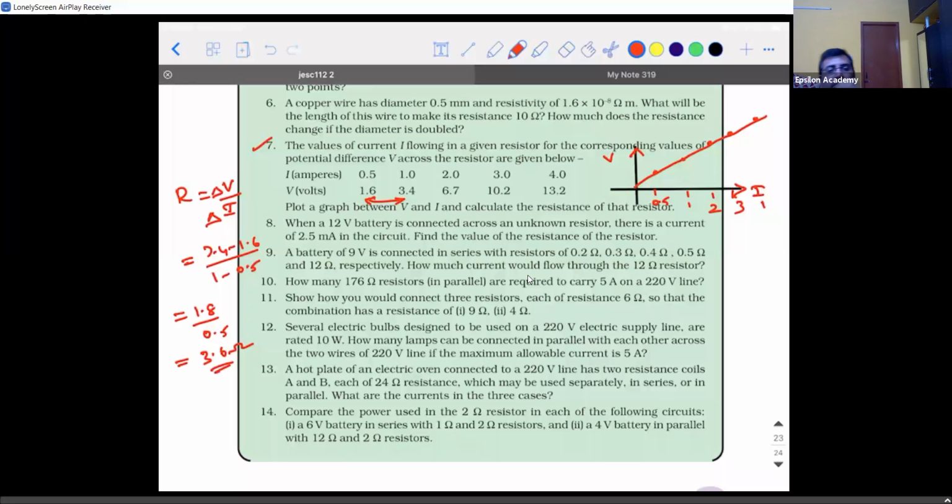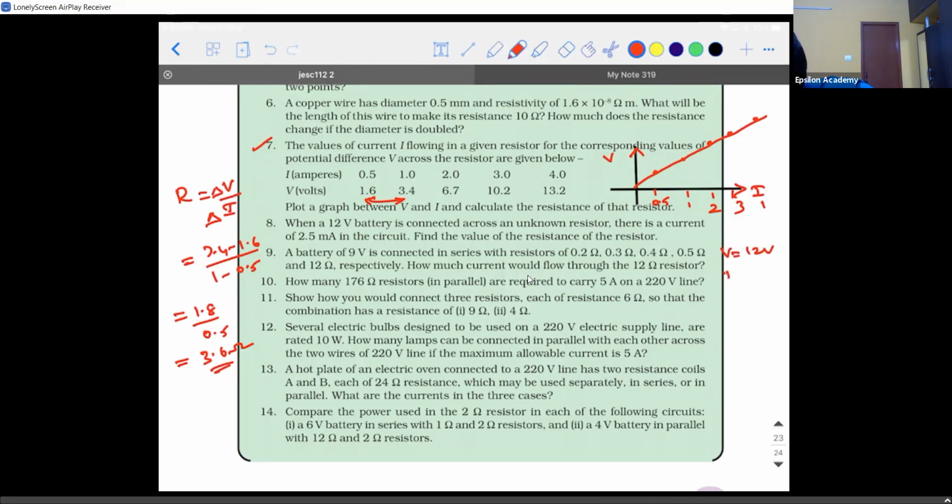Okay, next question. When a 12-volt battery is connected across an unknown resistor, there is a current of 2.5 milliampere in the circuit. Find the value of resistance of the resistor. So what is given? Potential difference is 12 volt.